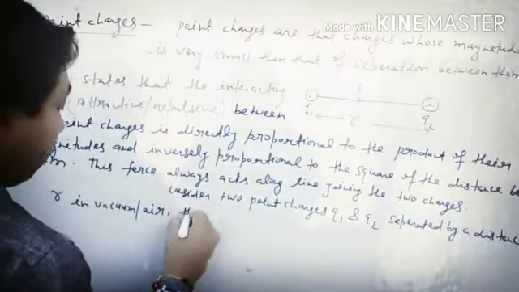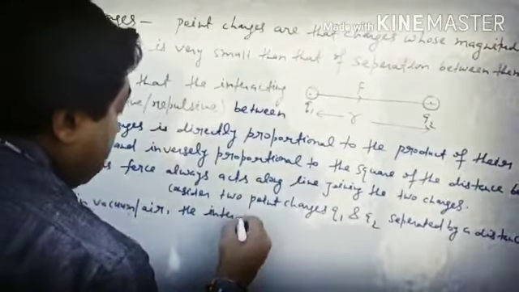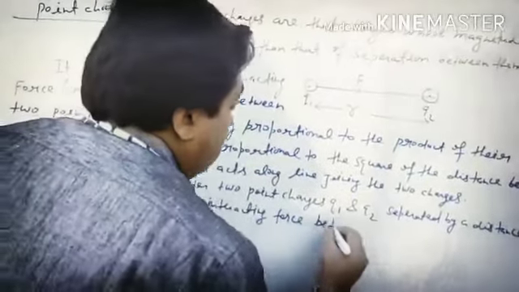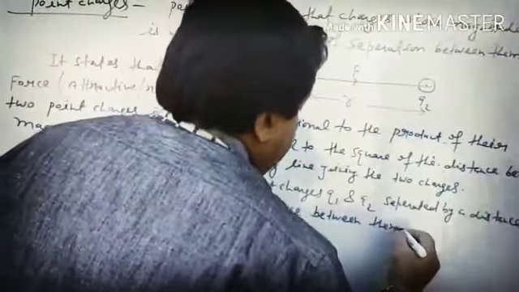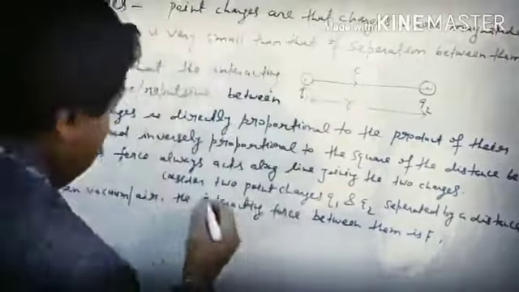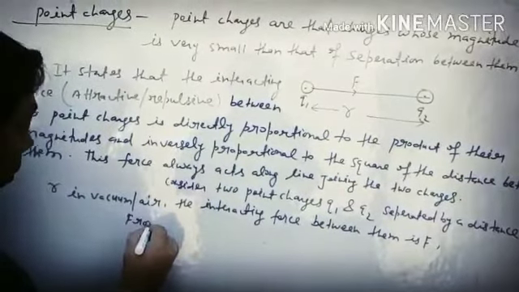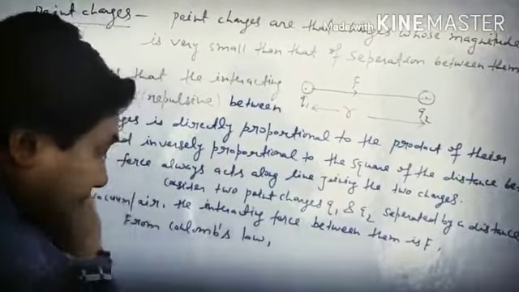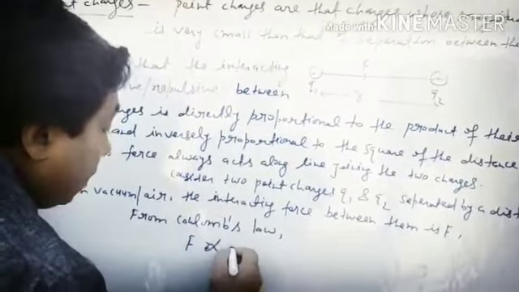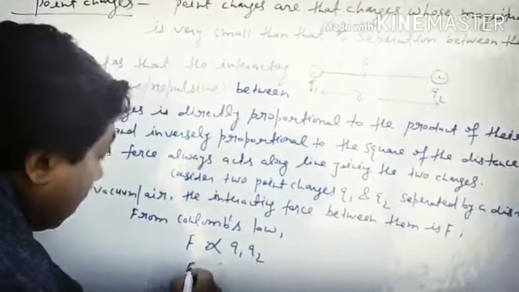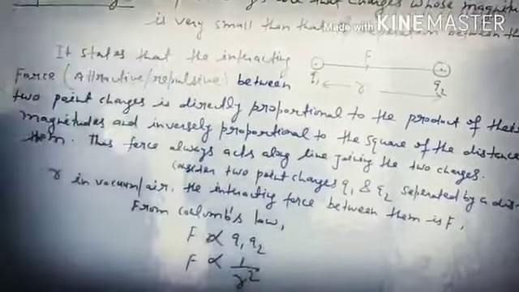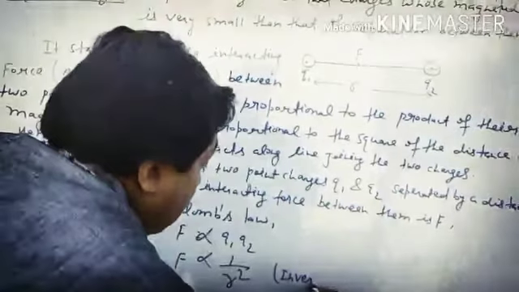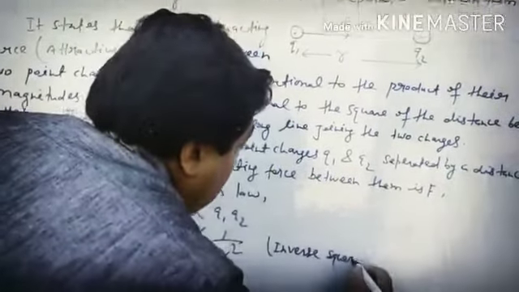The interacting force between them is F. Then from Coulomb's law, we can write F directly proportional to Q1 Q2 and inversely proportional to the square of the distance. This is also known as the inverse square law.